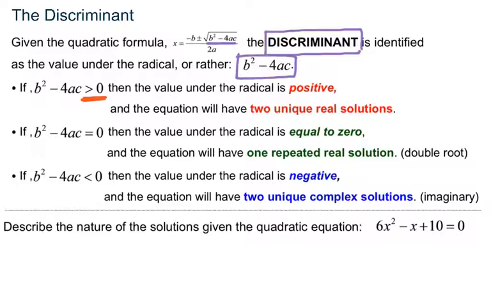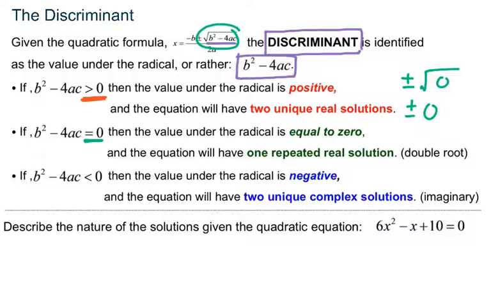Now, if we get a value under the radical that is equal to 0, notice in the quadratic formula we would then have plus or minus the square root of 0. The square root of 0 is just 0. Plus or minus 0 will not change our solution. Add 0 or subtract 0, you're going to get the same number both times.